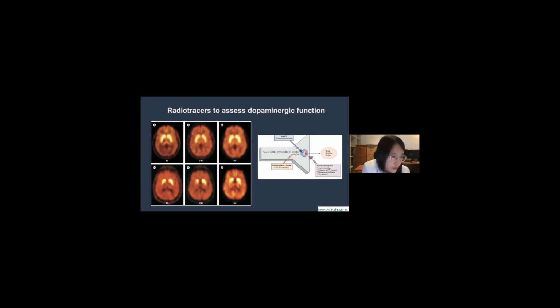Uptake of tracer is abnormal in the clinically unaffected striatum in Hoehn and Yahr stage 1, and reduction in tracer uptake correlates with the degree of motor dysfunction, such as bradykinesia.